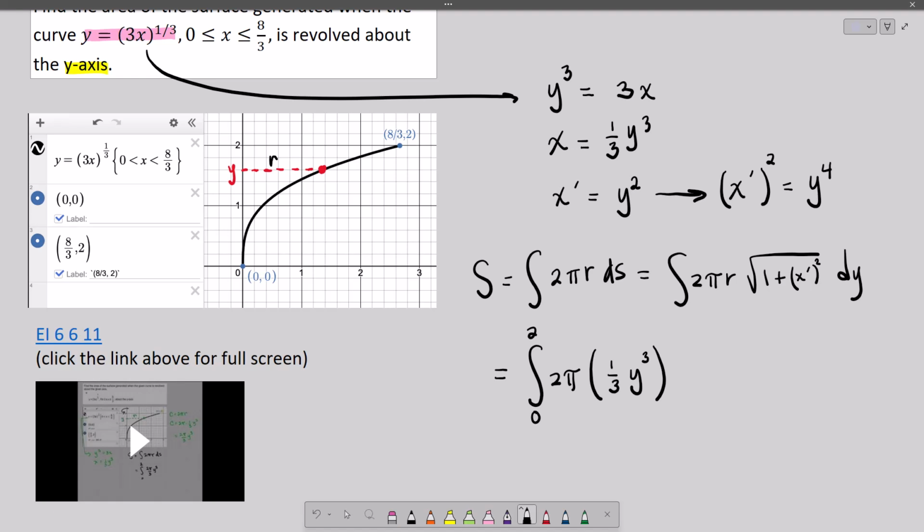And then we have the whole ds thing. This piece here, remember, is just ds, arc length. So we have to replace that. We have the square root of 1 plus, and we found that the derivative squared is y to the 4th power. So there is our complete setup.